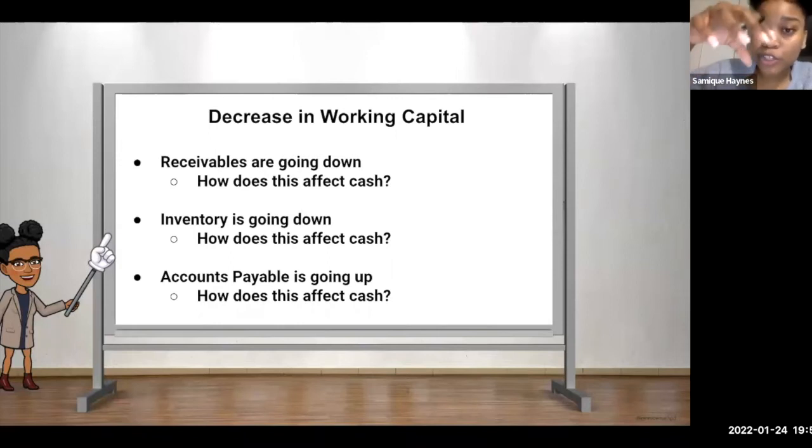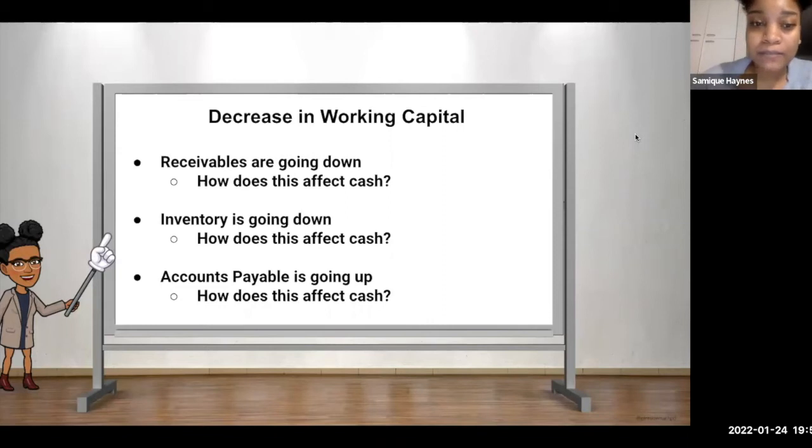Now our receivables are going down. Less people are owing us. What's happening to our cash? Less cash inflow, somebody says. If receivables are going down, is that cash coming into our business or going out? In.